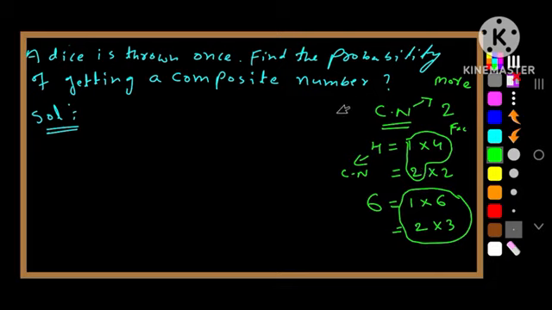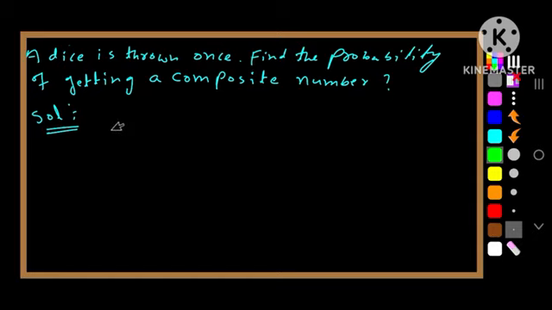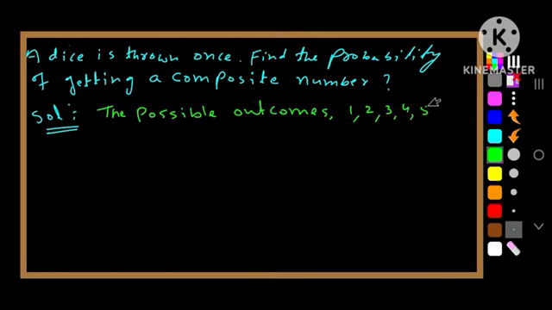Okay. Now let us see how to solve this problem. Here the condition is a dice is thrown once. When a dice is thrown once, the possible outcomes are 1, 2, 3, 4, 5 and 6.